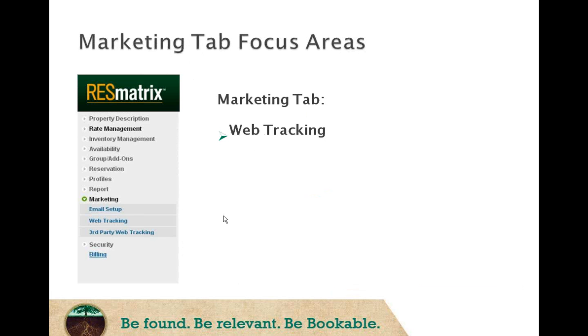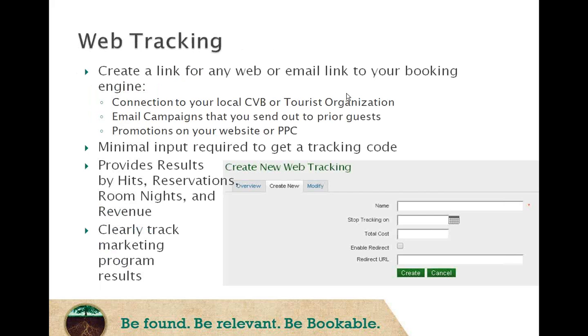So now we're going to move into what I think is the most exciting part of the Marketing Tab, and that is the web tracking capability. With web tracking, you can create a link for any web or email connection to your booking engine. So you can connect to a local CVB or tourist organization that might have a link and be recommending your hotel.